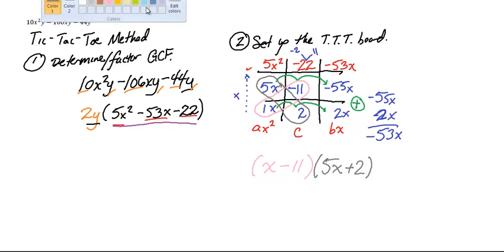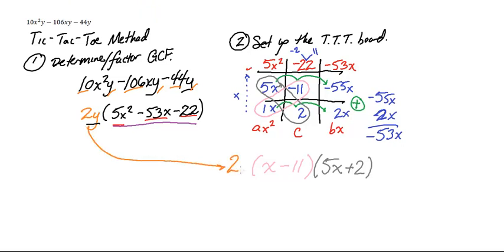And per usual, we've got this GCF here. So let me write this again. Our final factorization: 2y times x minus 11 times 5x plus 2. So the tic-tac-toe, once you set it up, it solves itself.